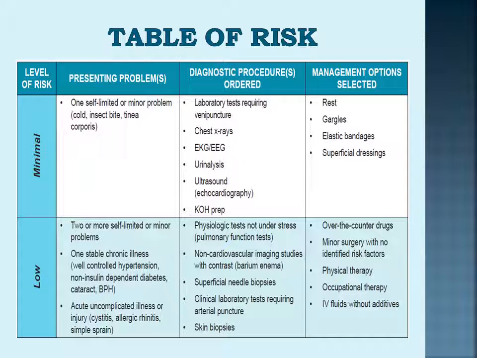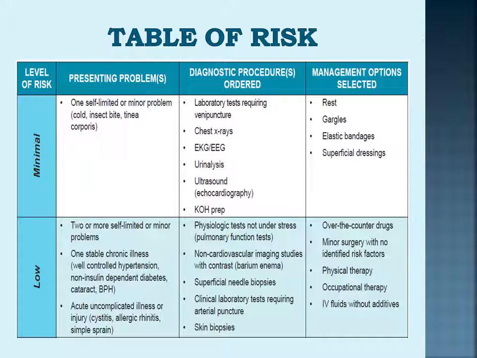When we go to the low level of risk, this may be 2 or more minor problems, 1 stable chronic illness such as well-controlled hypertension, diabetes, BPH, any uncomplicated illness or injury. Again, this would incorporate most of the things you're seeing, such as pharyngitis or otitis media.